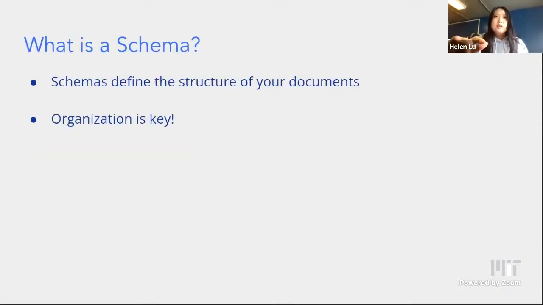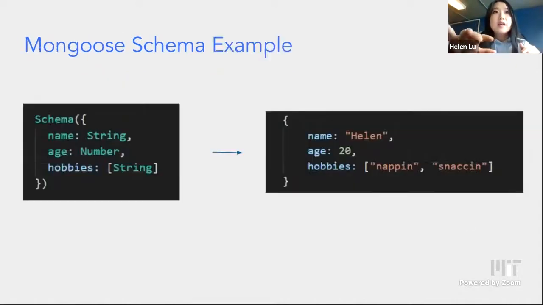Schemas are basically what define the structure of your documents. This means that a schema defines the fields that all of your documents have and the data type of those fields. So we'll see an example of that. This is an example of a schema. It defines what each field is called: we have a name field, an age field, and hobbies.